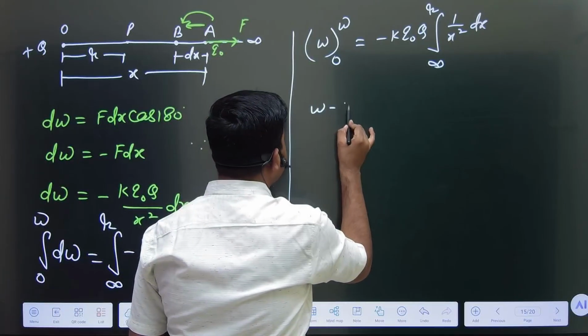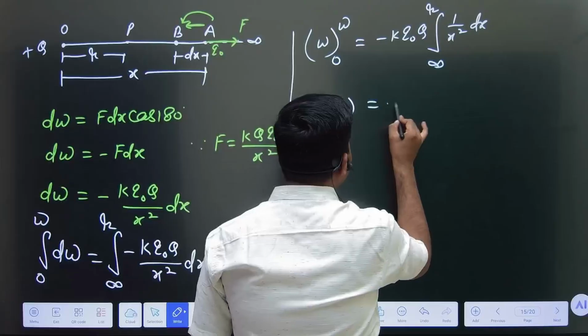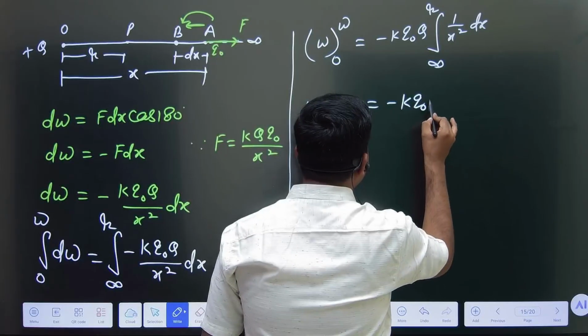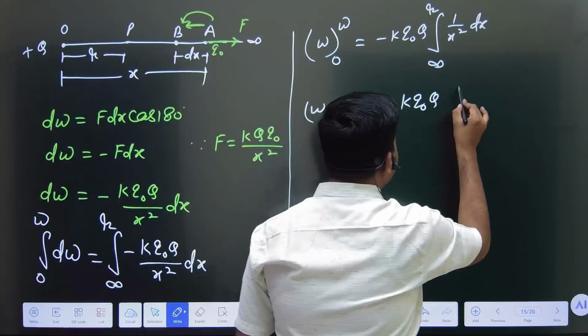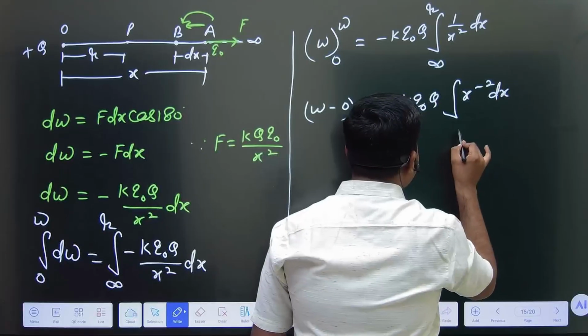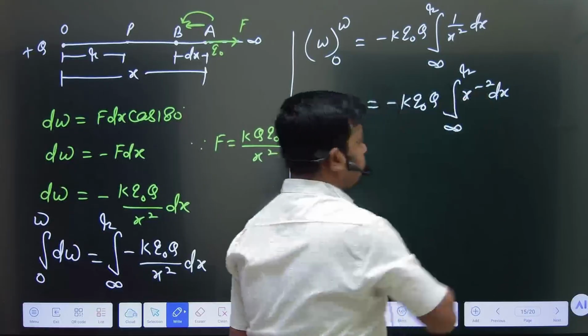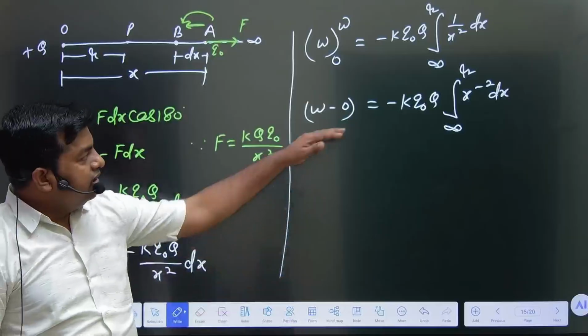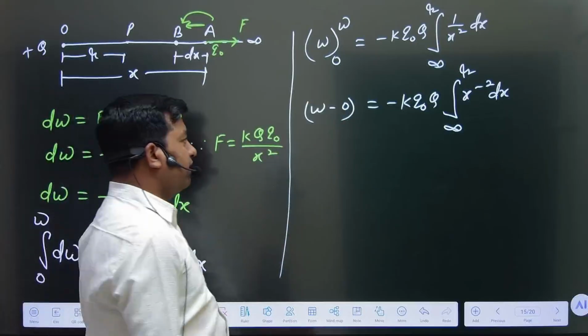So W minus 0 is equal to minus K Q naught capital Q, and it is x to the power minus 2 dx, and the limit is infinity to R. Clear to you?